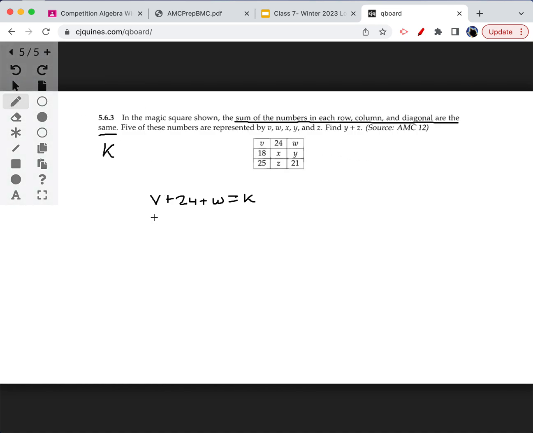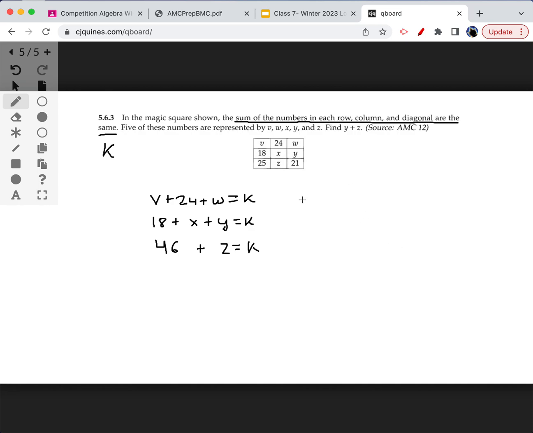Then the second row would be 18 plus x plus y is equal to k. The third row would be 25 plus 21 plus z is equal to k, which would just be 46 plus z. So that would be our rows.